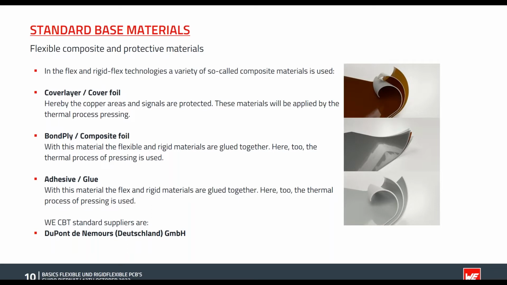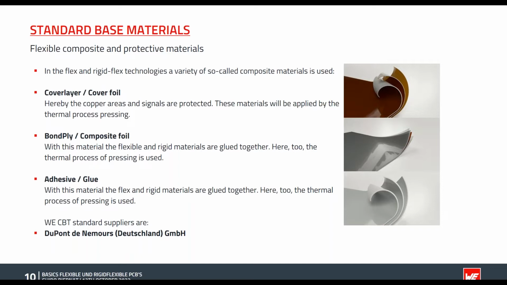The cover layer is a composite material consisting of two materials, in this case the polyimide and the adhesive layer. The standard thickness here is 25 microns or 50 microns polyimide with a layer of acrylic or epoxy adhesive. The common adhesive thickness here is also 25 or 50 microns.